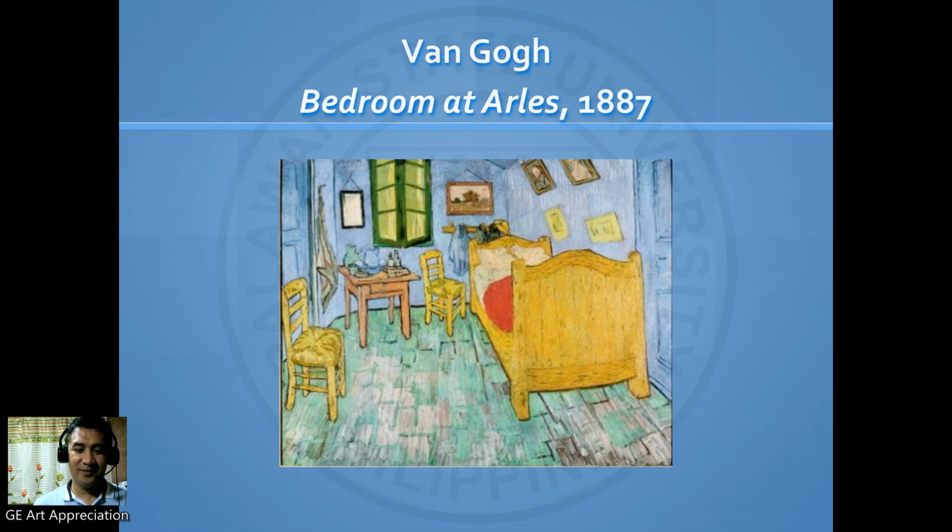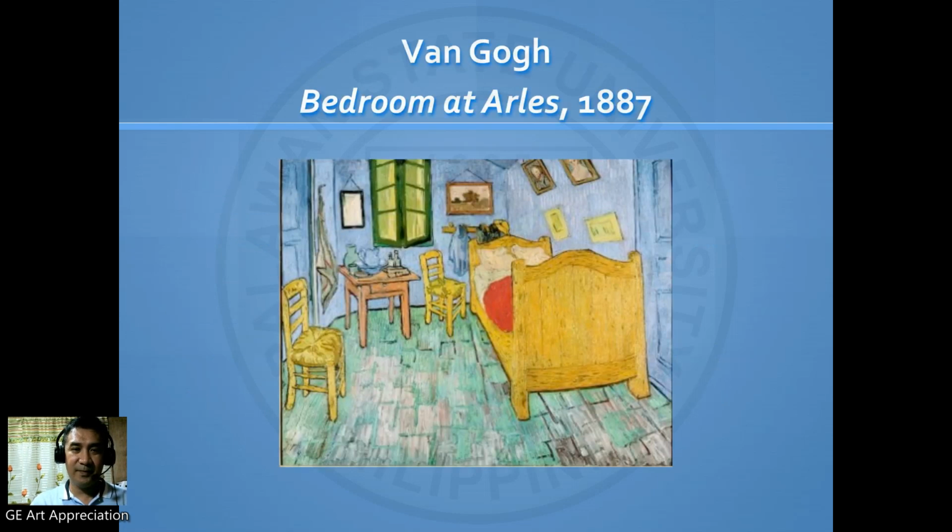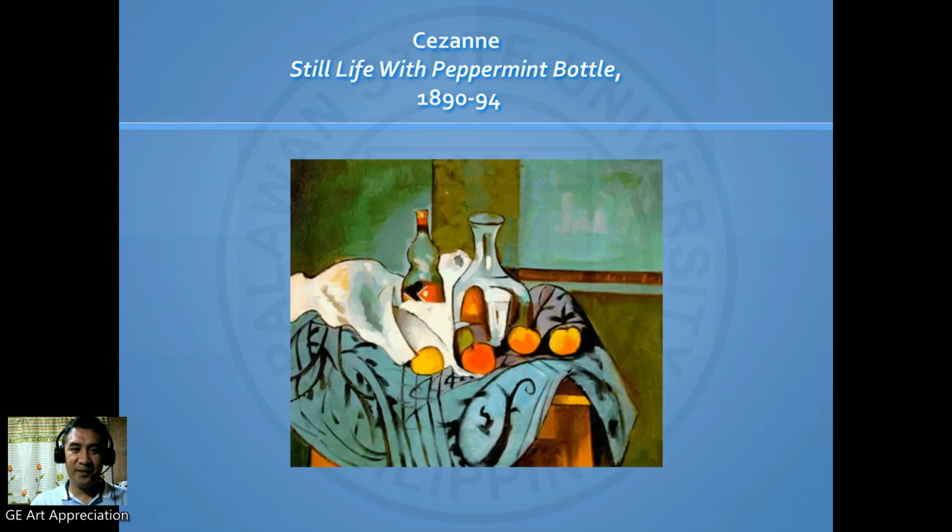So it's more on expression and emotion during Post-Impressionism. They put their emotions, their expression into paintings, like Van Gogh, The Bedroom at Arles.